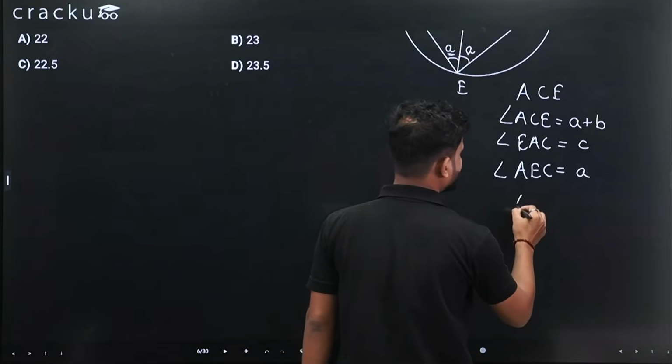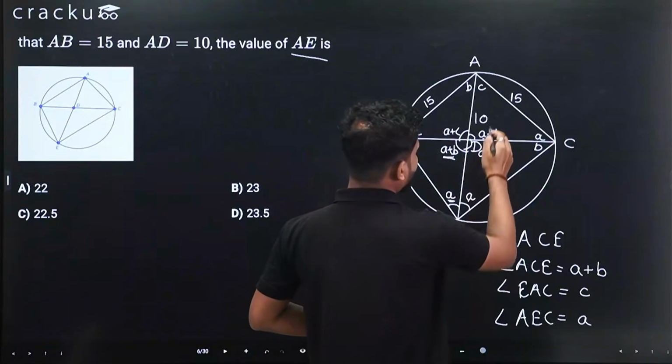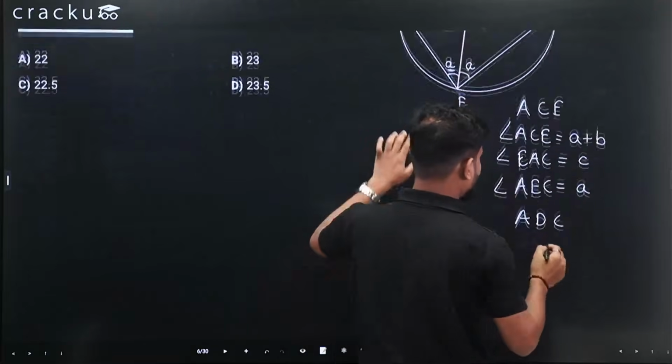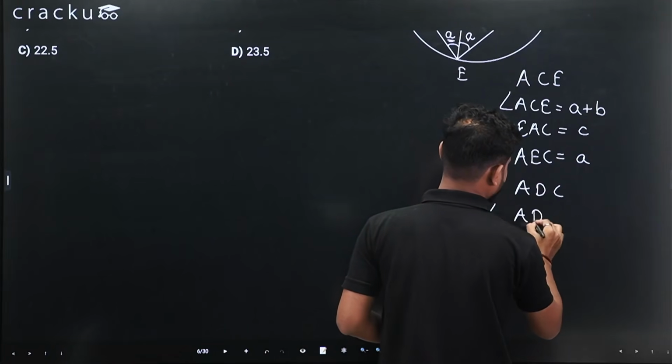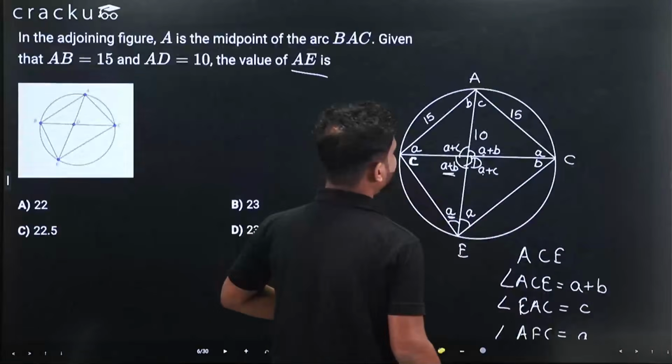Now look at triangle ADC. In triangle ADC, I can say angle ADC is A plus B. What is angle CAD?